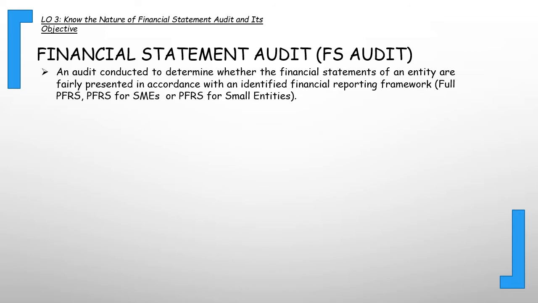Okay. Mas simplified dito yung mga asset, liability, equity, revenue, and expense recognition. Okay. So, yung small entity, sila yung may mga asset na 3 million to 100 million or liabilities na 3 million to 100 million.